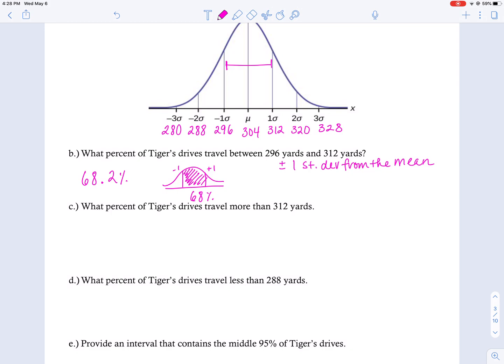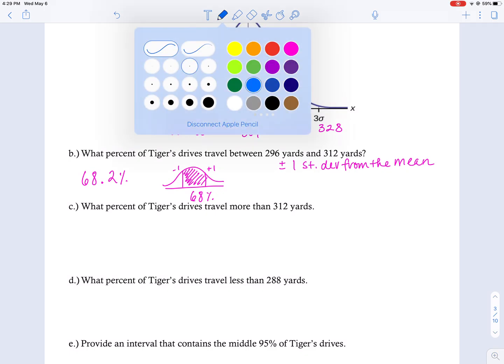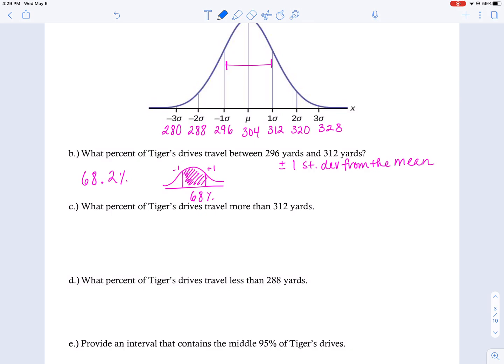Okay. In the second part, they say to you, what percent of Tiger's drives travel more than 312 yards? So if you look at that, more than 312 yards are the two standard deviations above 312, which would be everything from here out, right?